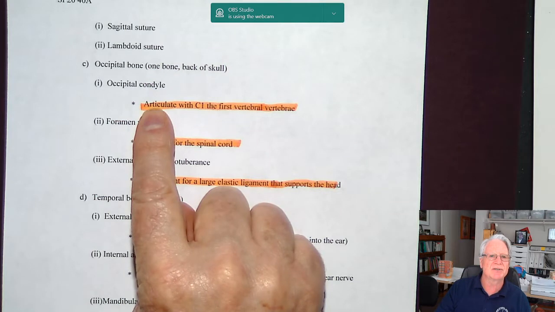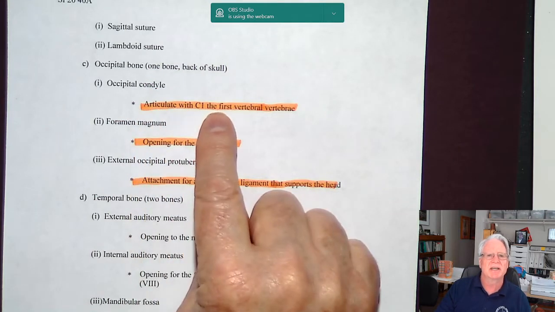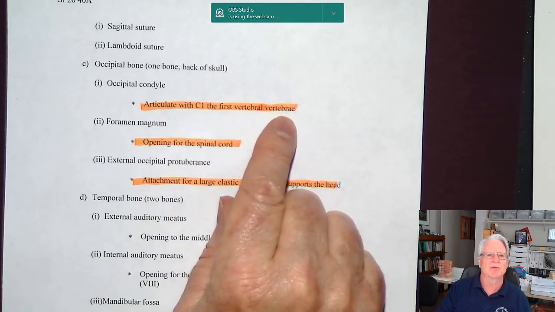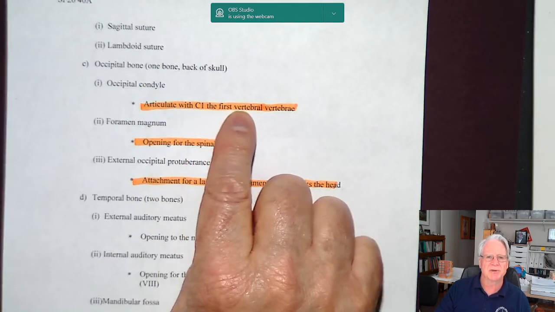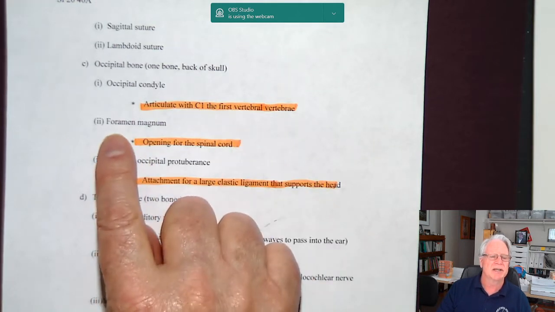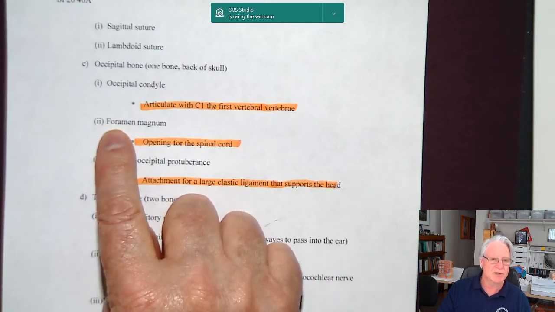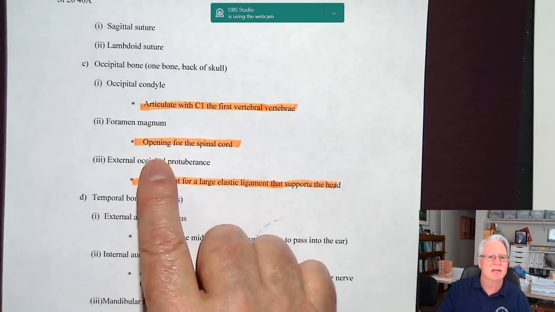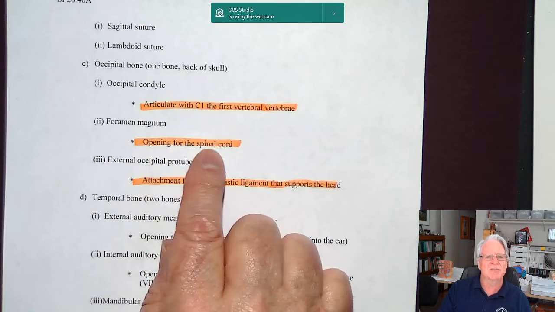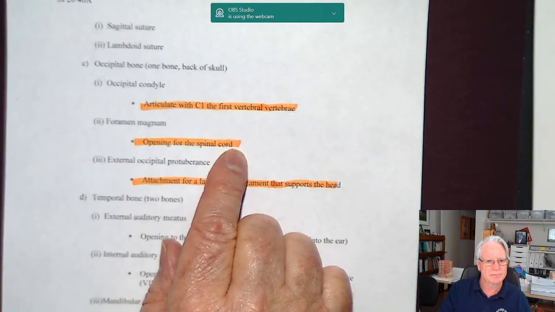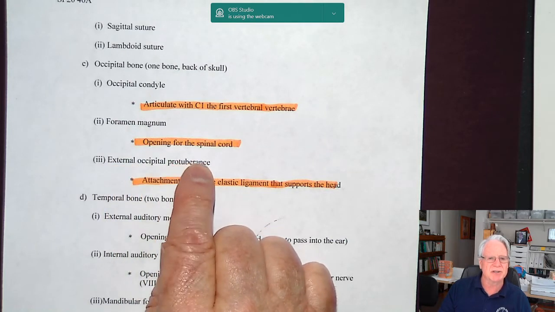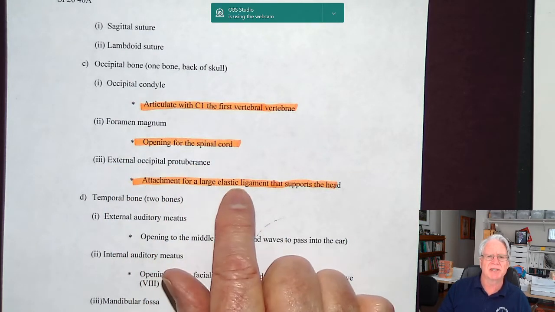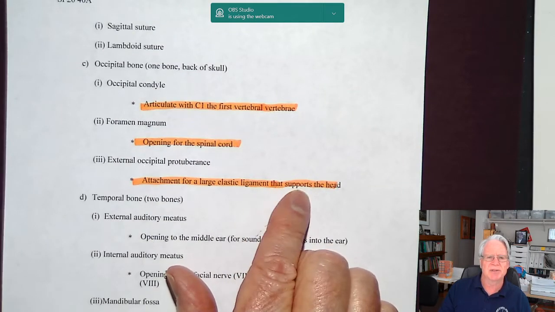Its function is it's an articulation with C1, the first vertebra. In other words, the occipital condyle articulates with C1, which is the first vertebra. We looked at, and we'll look at it again in a series of drawings, the foramen magnum. Its function is the opening for the spinal cord. Okay. And we'll also look at, or we did, but we'll look at it in pictures again, the external occipital protuberance, which is the attachment of a large elastic ligament that supports the head.